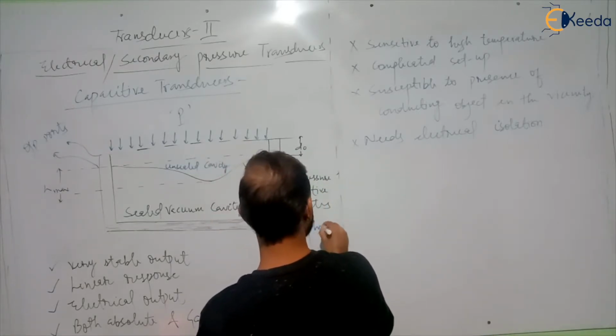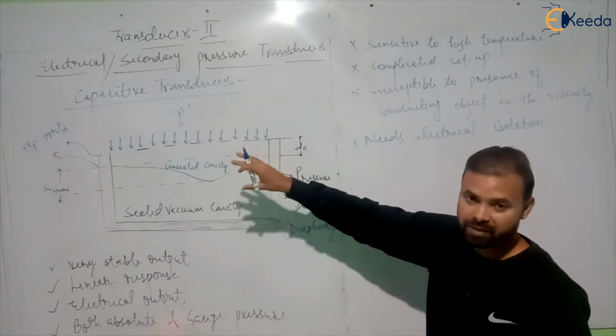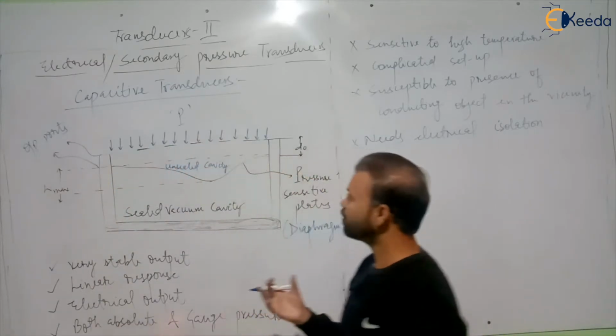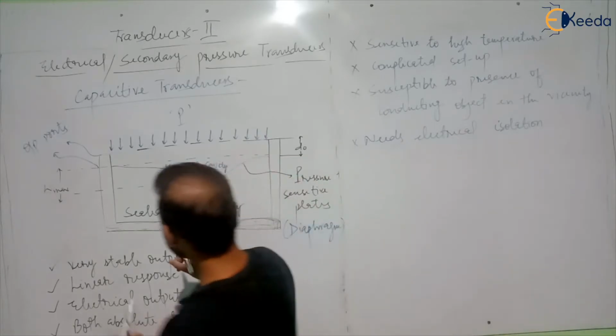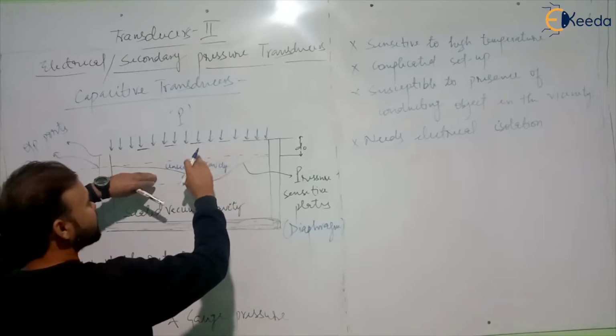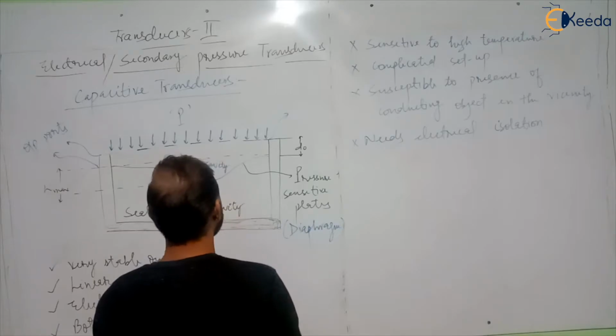So this is the construction of the capacitive transducer. There may be many more types of capacitive transducer; this is one of those. Now this is an unsealed cavity, and this plate is a stationary plate.